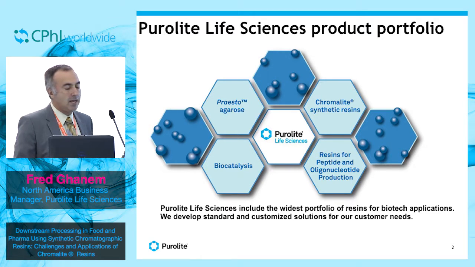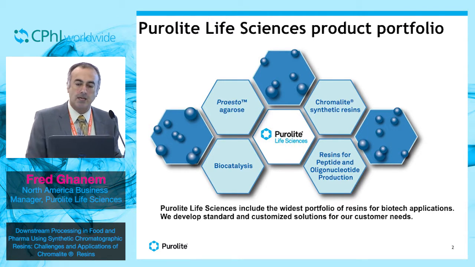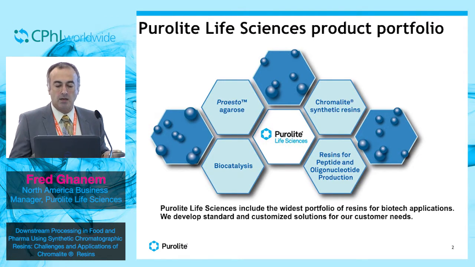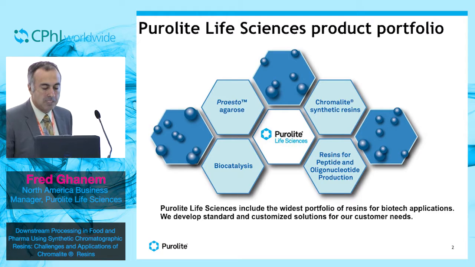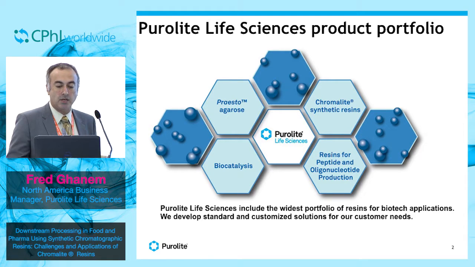We also have the biocatalysis part of the product line. Biocatalysis is where we immobilize enzymes on polymethacrylate or polystyrenic-based matrices to achieve enzymatic reactions repeatedly and reuse the same enzyme for hundreds to thousands of cycles.